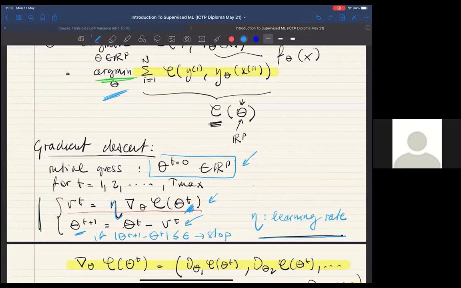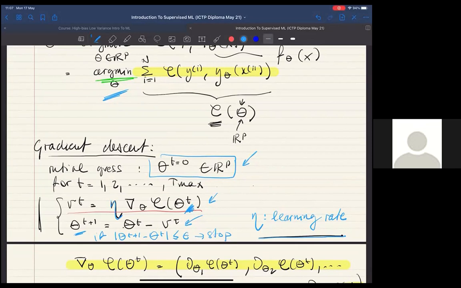Now, if you start to increase the learning rate, there is a sweet spot where you will converge as fast as you can to the local minimum, and actually in one step if you choose that correctly, at least in the simple case where the function is quadratic. But let's say there is an optimal value for the learning rate, which allows you to converge fast enough without overshooting.